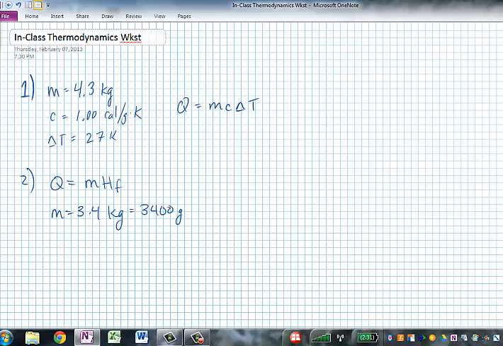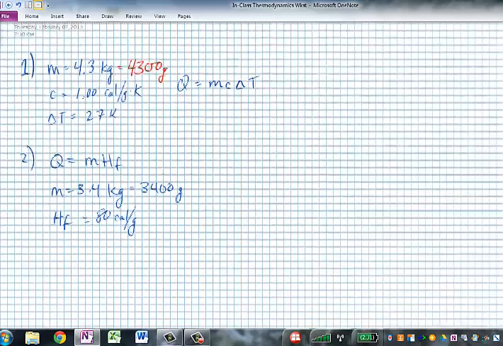And I should mention, we should do the same thing up here to 4,300 grams. And then the heat of fusion for water, calories, so 80 calories per gram. Plug those two things in and you'll get, again, the desired answer.